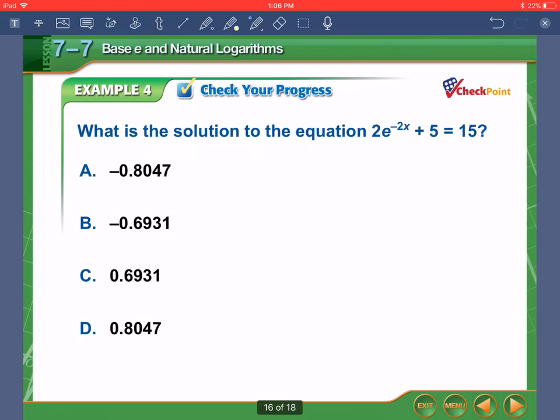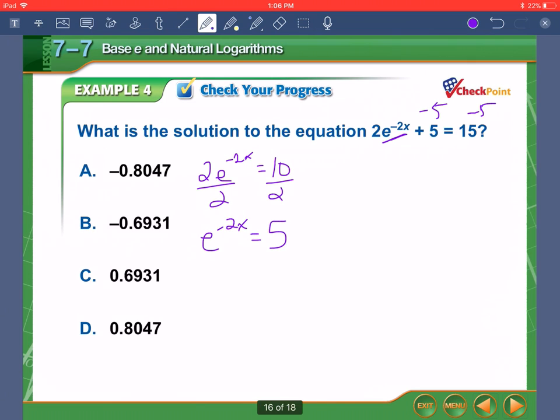All right, so 2e to the negative 2x plus 5 equals 15. I want to work to get my e to the negative 2x alone first, so I'm going to subtract 5. So 2e to the negative 2x equals 10. Then we can divide by 2. So e to the negative 2x equals 5.